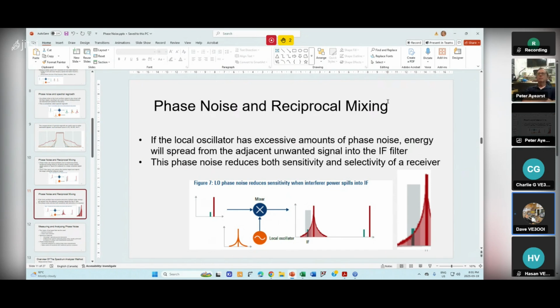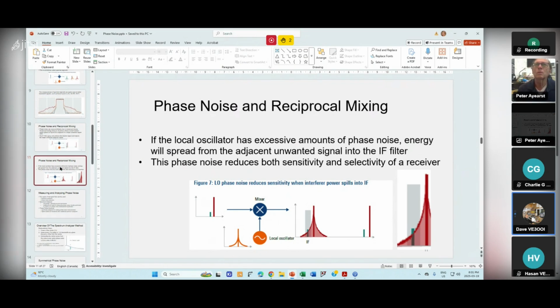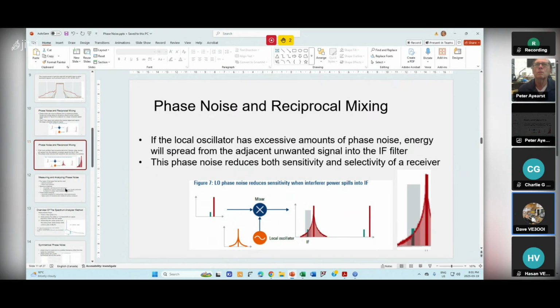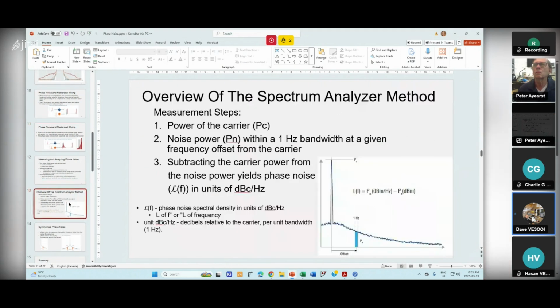So I'm going to ask another question now. Peter, go to your slide where you show the measurement of phase noise. It's the slide that shows the dBc relative to 1 hertz. This one? Yeah. So there, your phase noise is given in dBc per hertz. I'm confused.